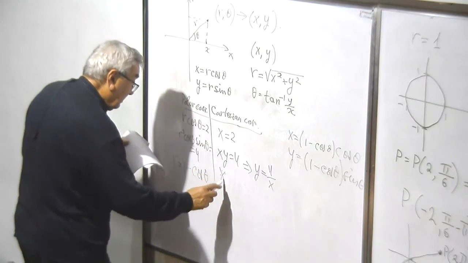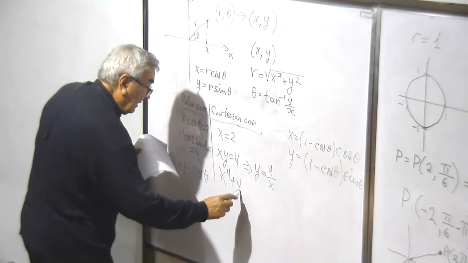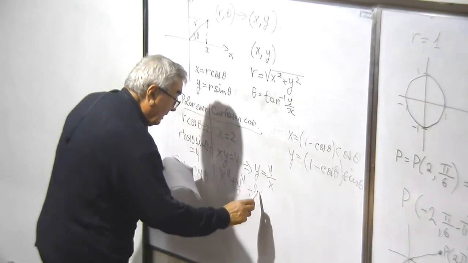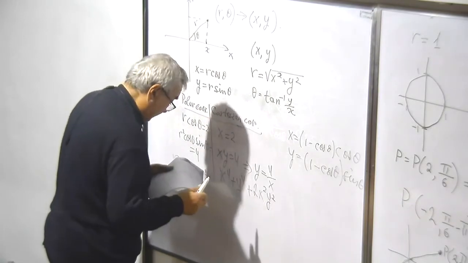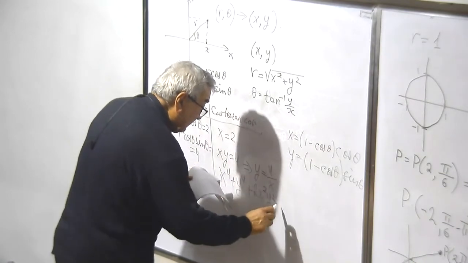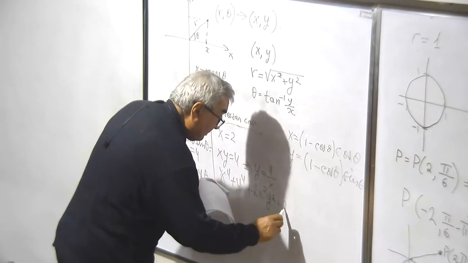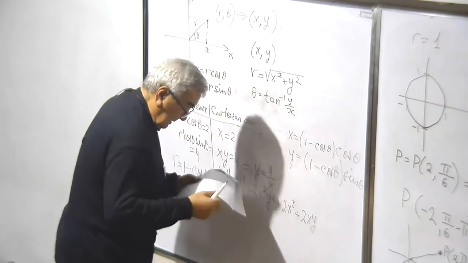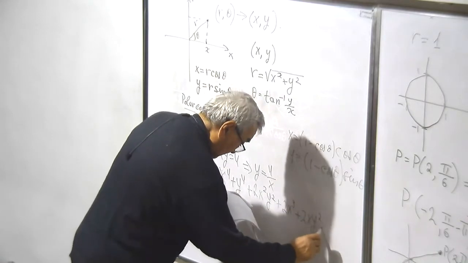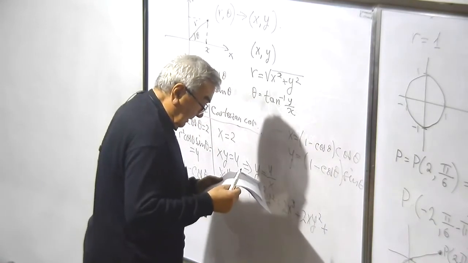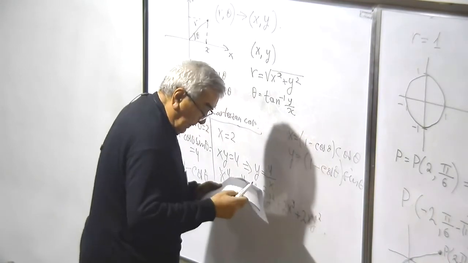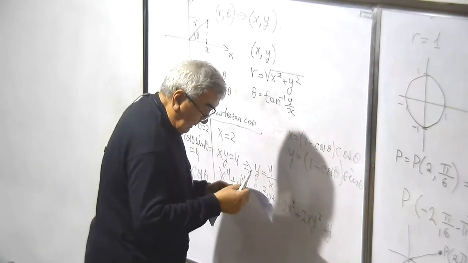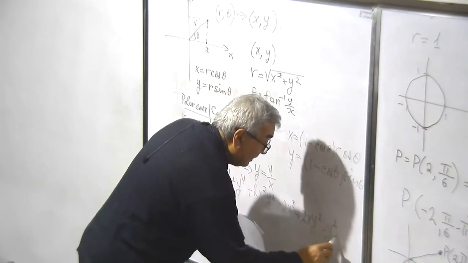x to the fourth plus y to the fourth plus 2x squared y squared plus 2x cubed plus 2xy squared minus y squared equal to 0.